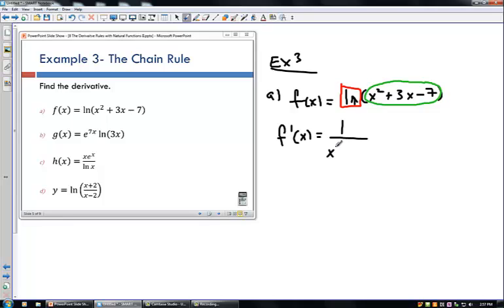So we have 1 over x squared plus 3x minus 7 times the derivative of the inside, which is 2x plus 3. And so this is equal to 2x plus 3 on top, and then on the bottom we have x squared plus 3x minus 7.